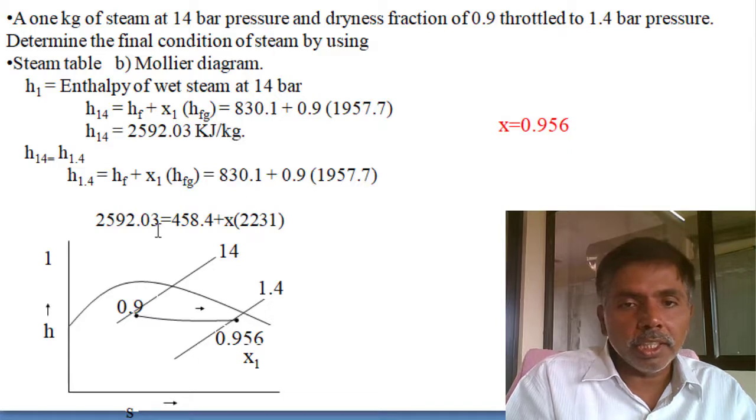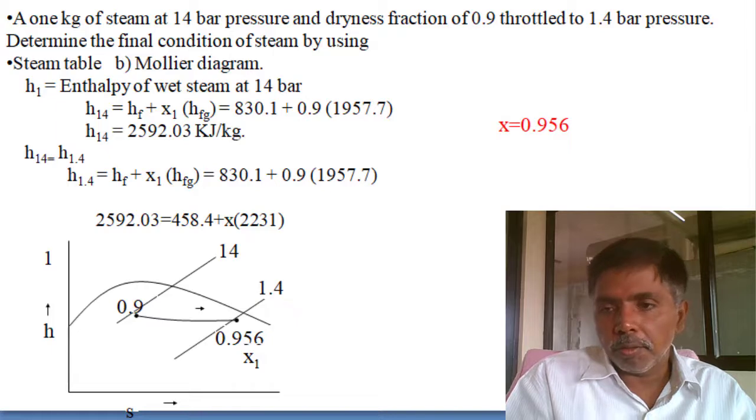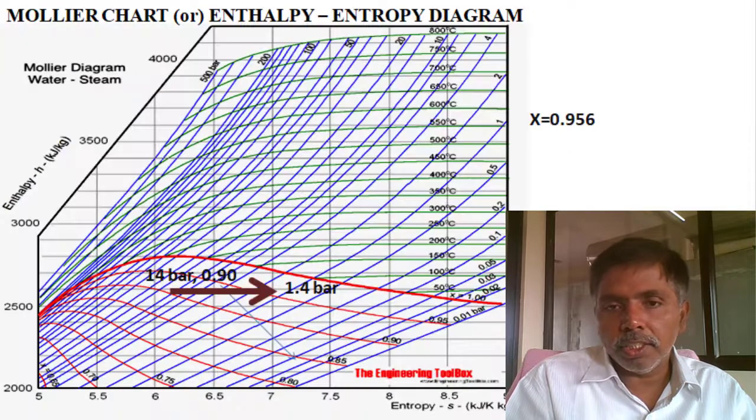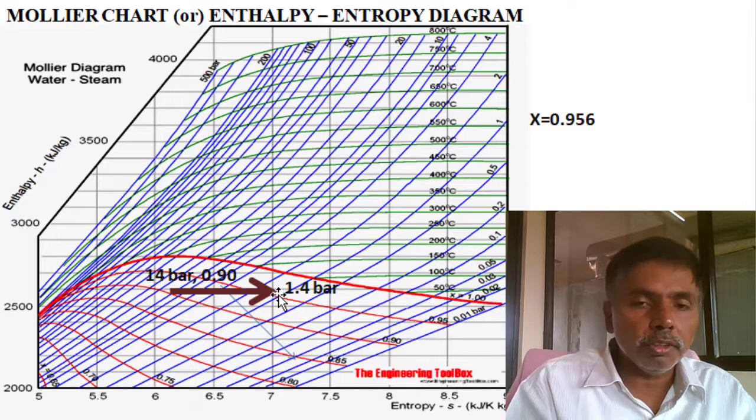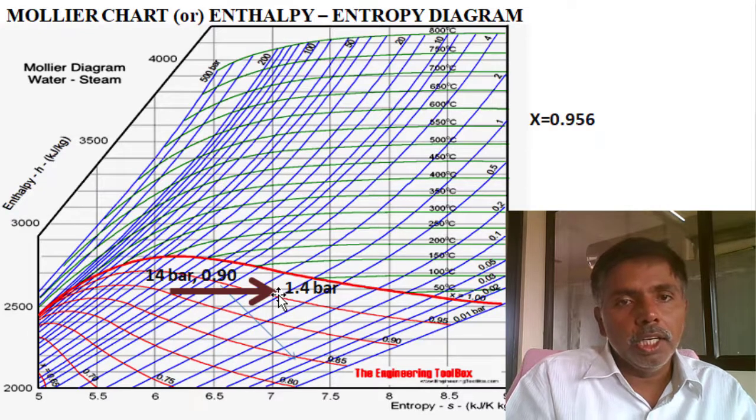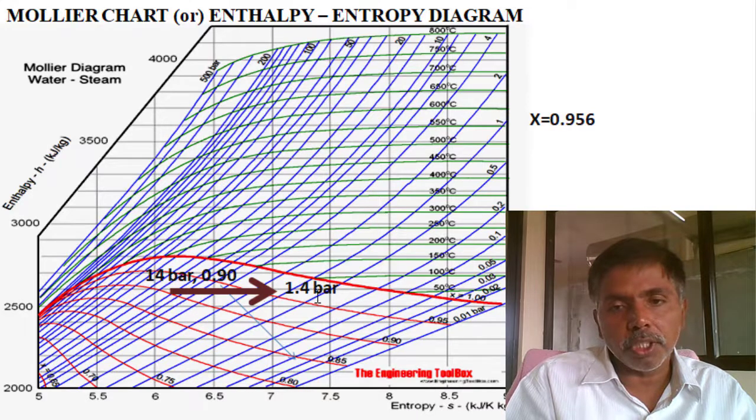Here you can determine the x value. You will get an x value of 0.956. From the diagram also we got a nearer value, 0.955 something. So this is a simple determination of the properties, the end state quality of the steam. Initial state you mark in the Mollier diagram at 14 bar and 0.9 dryness fraction, and move horizontally, because it is an iso-enthalpy process, up to 1.4 bar.